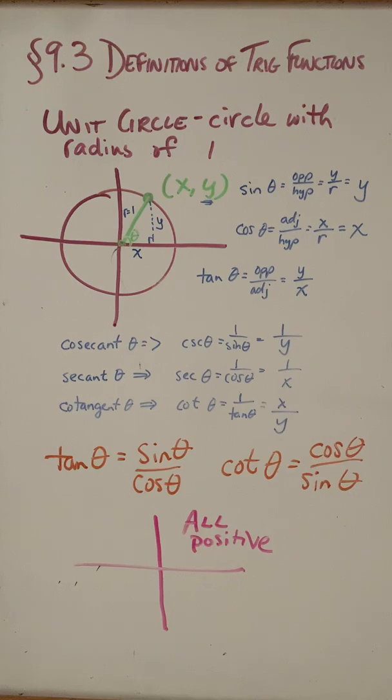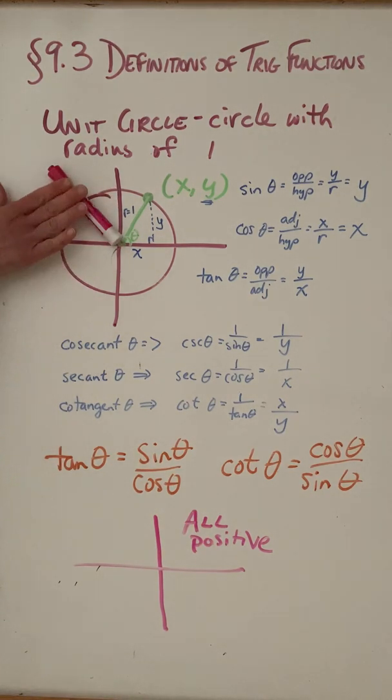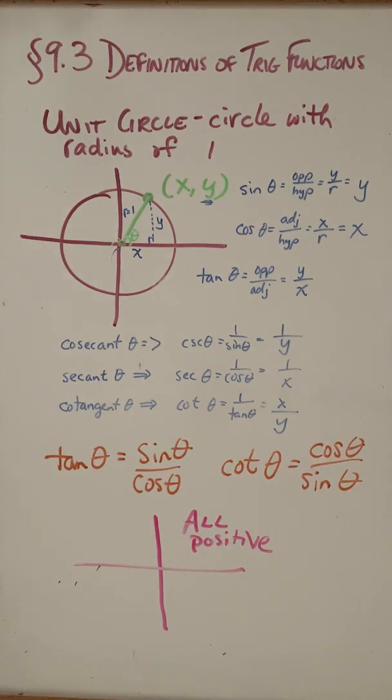What happens if our angle terminates in the second quadrant? What do we know about our ordered pair? Our ordered pair is now negative x, y. It's still the same x, y, it's just that since we're in the second quadrant, we move to the left. Our x is negative, we moved up, so our y is still positive. So the only trig functions that are going to be positive in the second quadrant are those that involve only y.